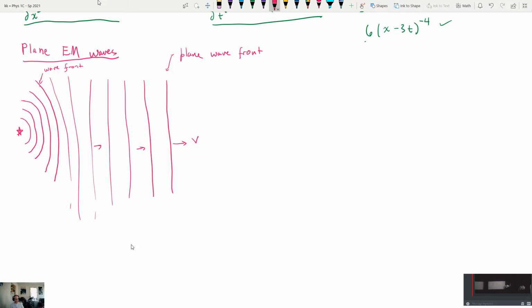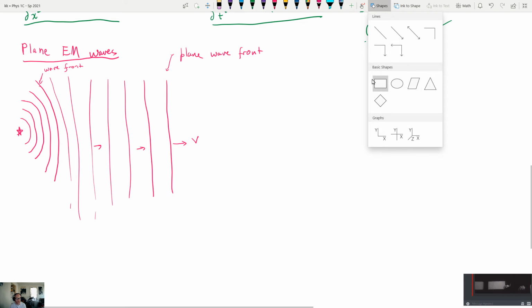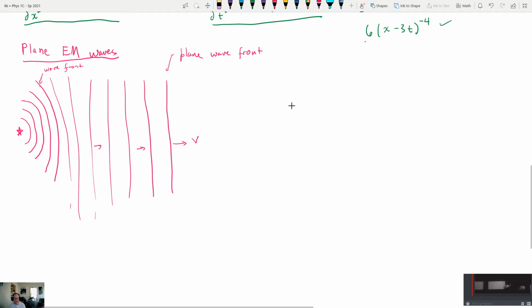Okay? It's literally like a big plane. The wavefront is like a plane, like a piece of paper, right? And it is traveling through space in this direction. So we can represent it by using like a rectangle, basically. More like, I can't use a rectangle, I'll have to use something else.